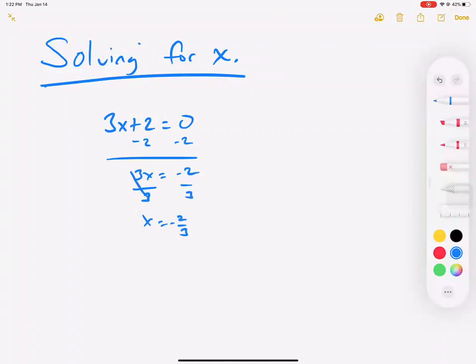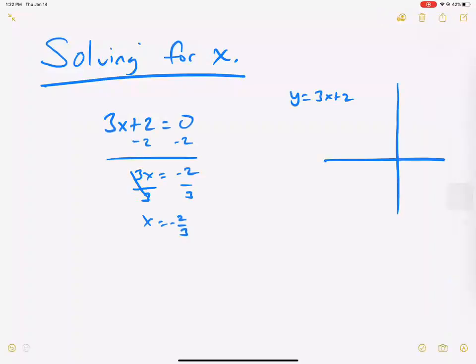Now, looking at the graph version of this, if I ask you guys y is equal to 3x plus 2, visually this would look like a line with a slope of 3 over 1. And this is the graph of a line, right? And y is 0.